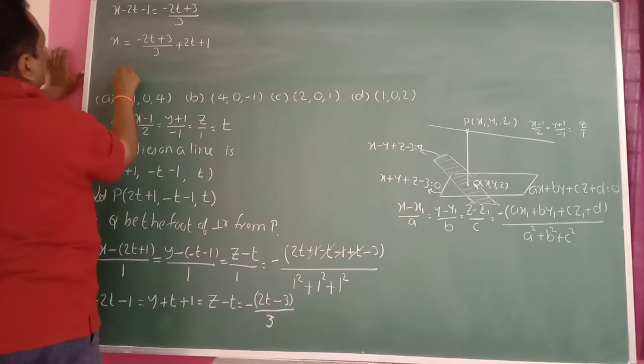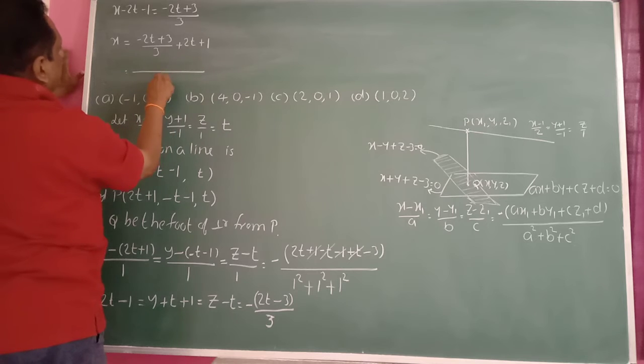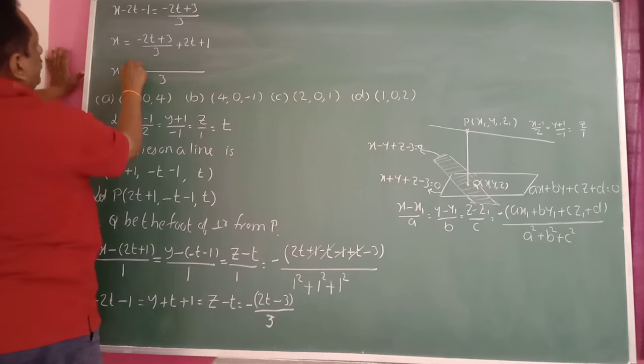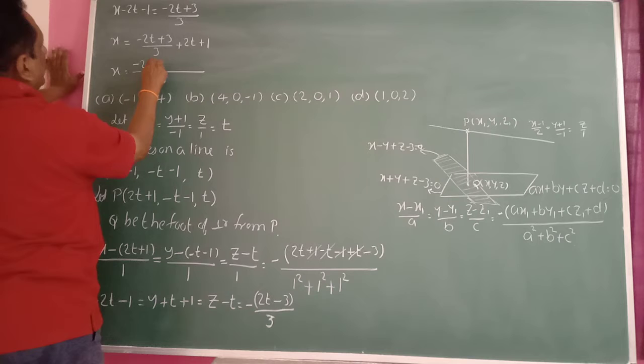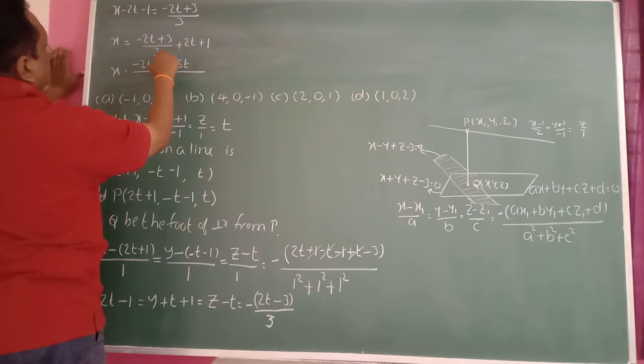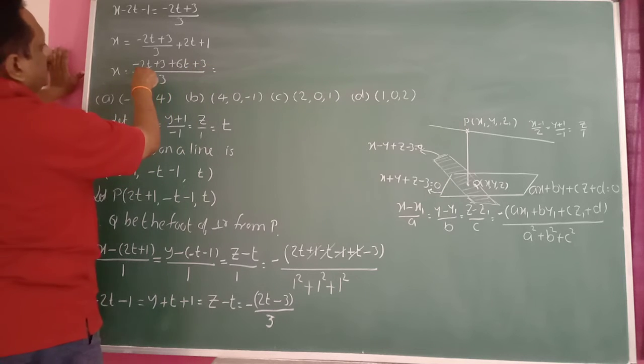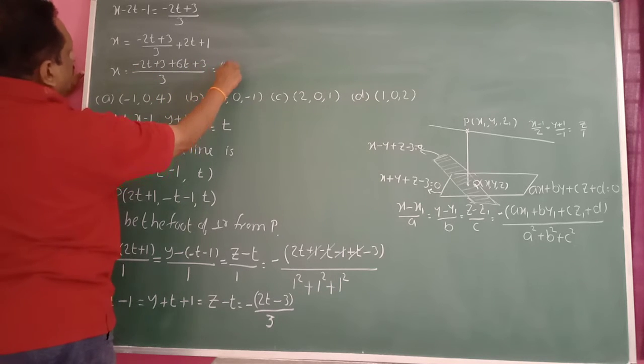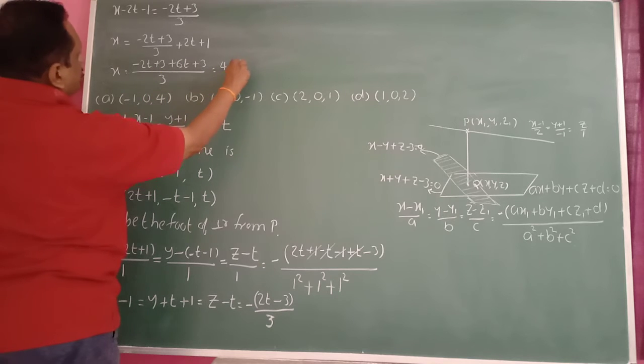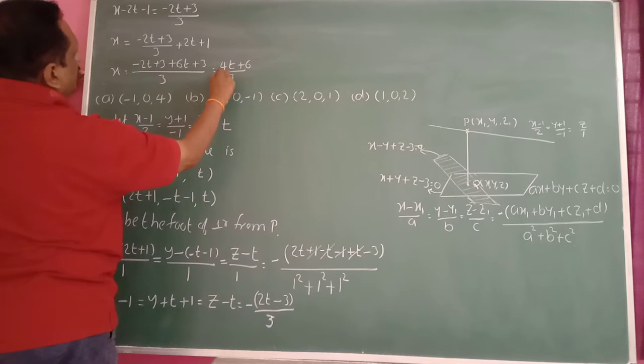Then 3 is the LCM here: minus 2t plus 3, 3 2s are 6t, then 3 1s are 3 plus t. Then 6t minus 2t becomes 4t, then 3 plus 3 becomes 6, divided by 3.